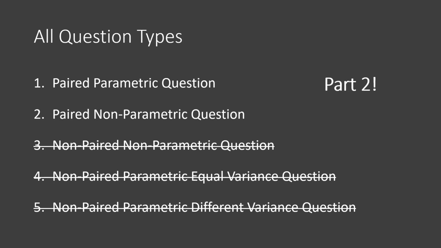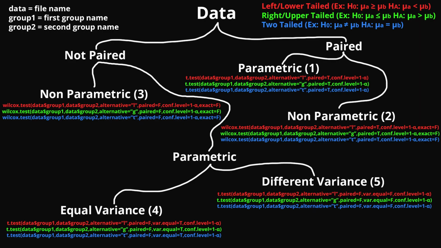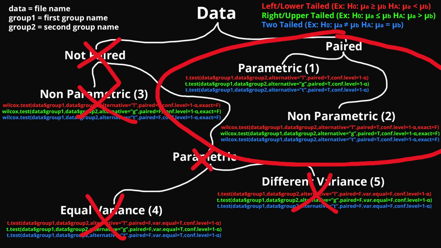So just for part 2, we'll be only discussing the paired sections, and that includes question 1 and 2. So this is just a diagram that I made, and you can kind of see it's a bit messy, but you can see the paired, not paired, and then the different parametric parts and stuff like that. But again, part 2, we're only going to be discussing the paired section right now.